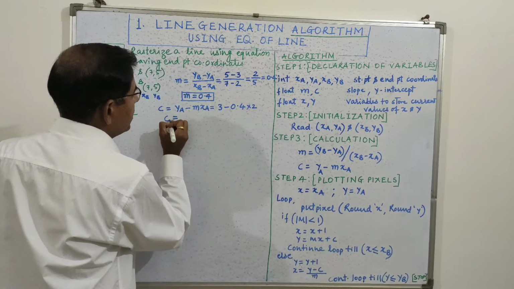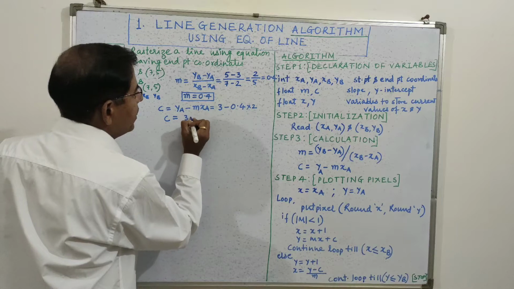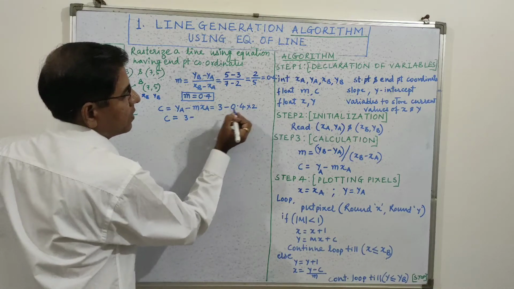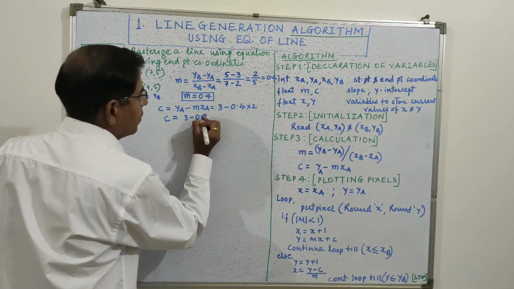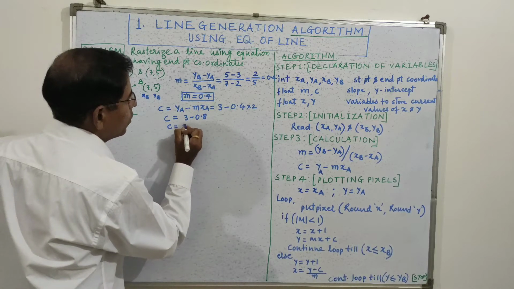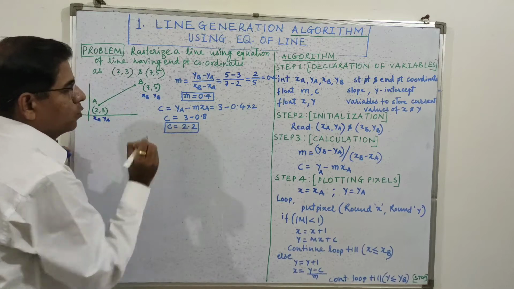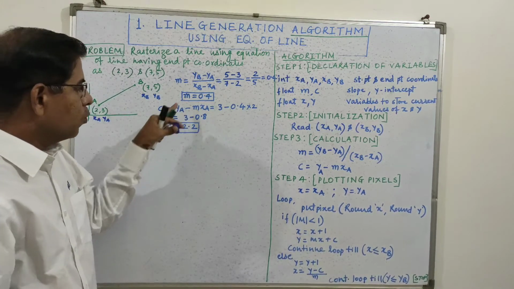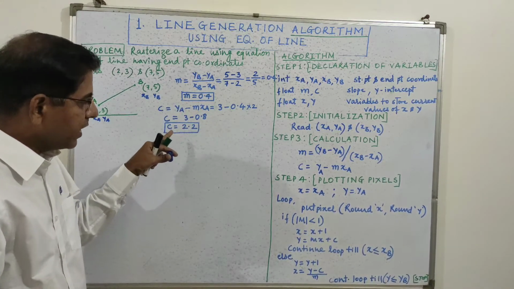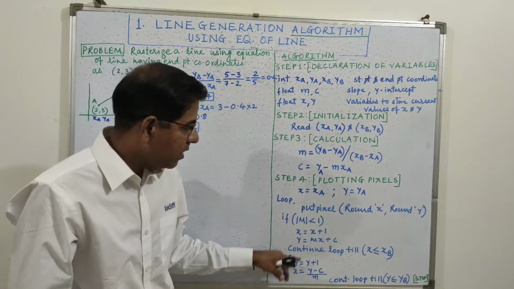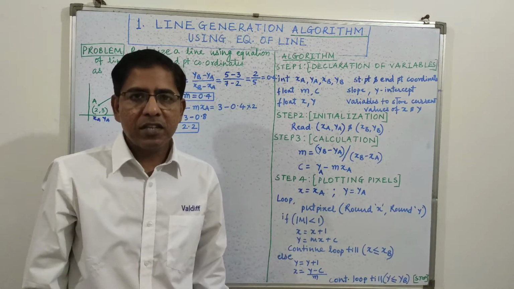So C is equal to 3 minus 0.8. So C is equal to 2.2. So our slope and y-intercept are ready with us. Now we can plot the pixels.